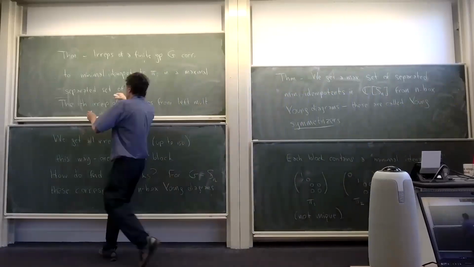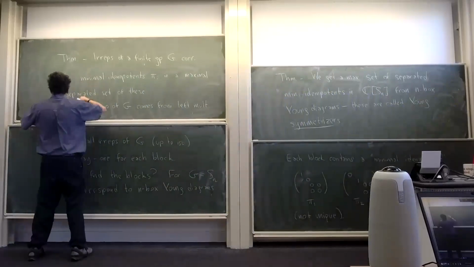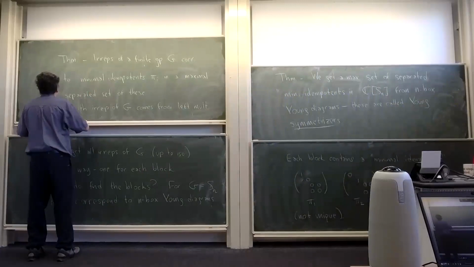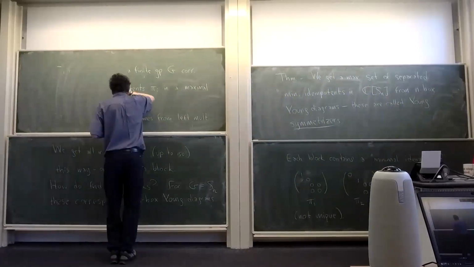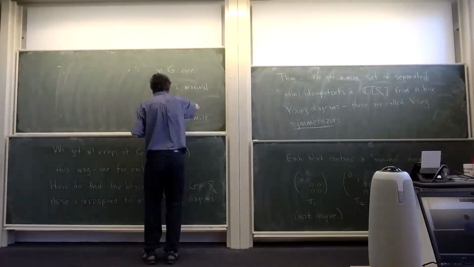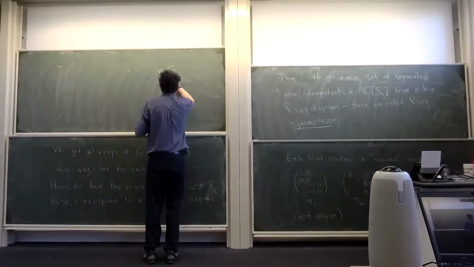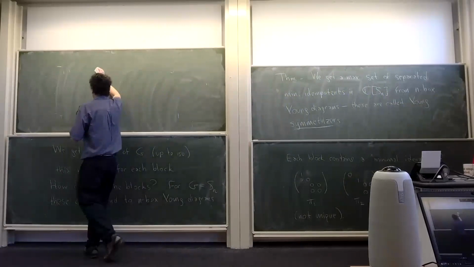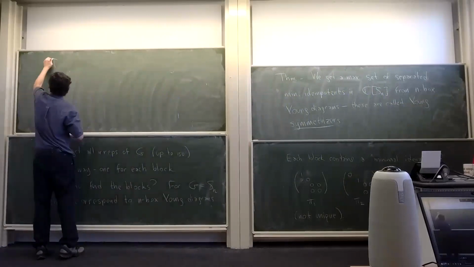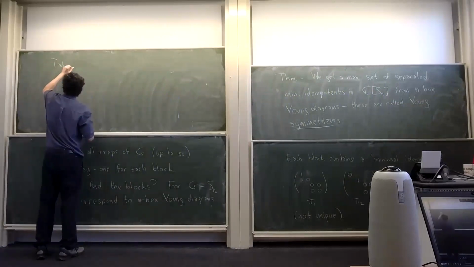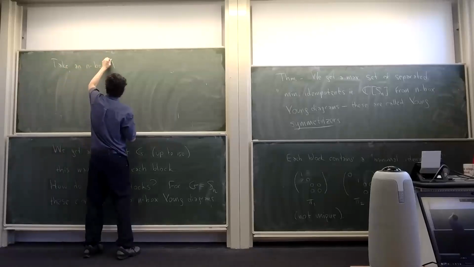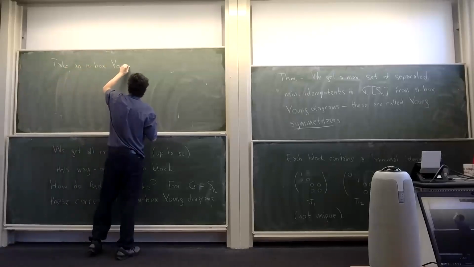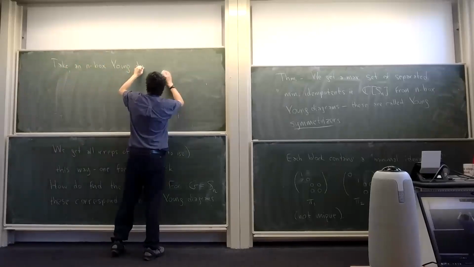So here's how you get them. I'll take an n-box Young diagram, and I'll sketch out how to build an idempotent from it. There are lots of n-box Young diagrams, of course. Let me just draw one.